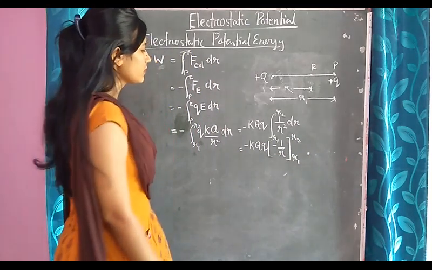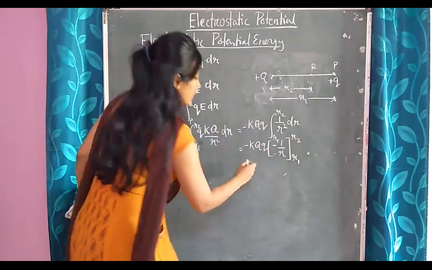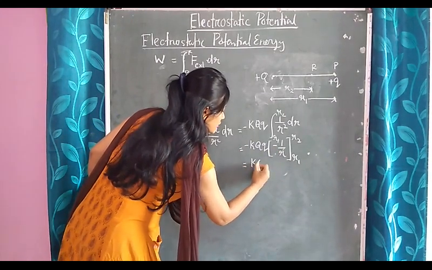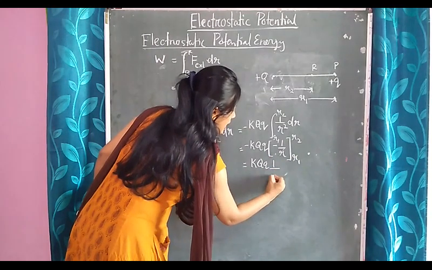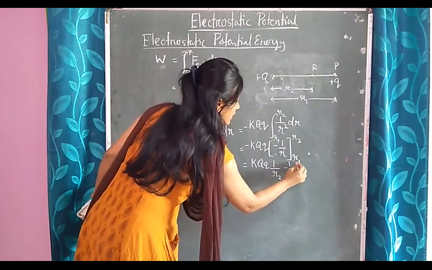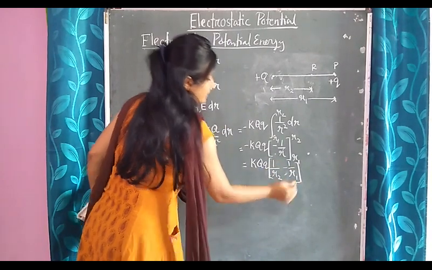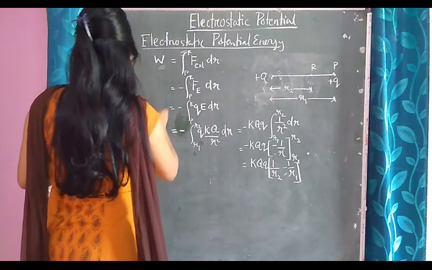Then this minus minus will be positive, and I will write that KQQ times (1 by R2 minus 1 by R1). This term I will write here.